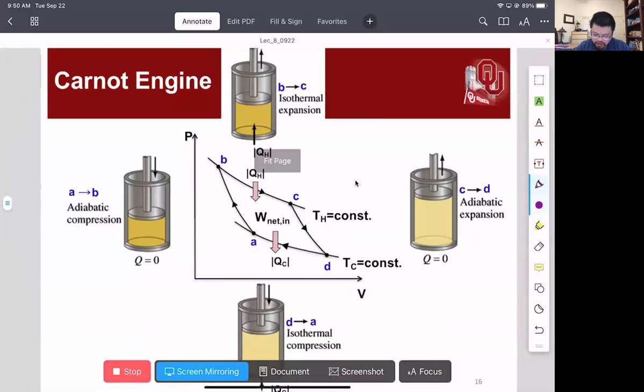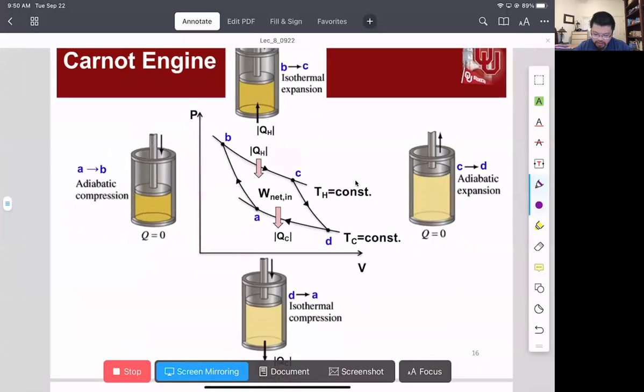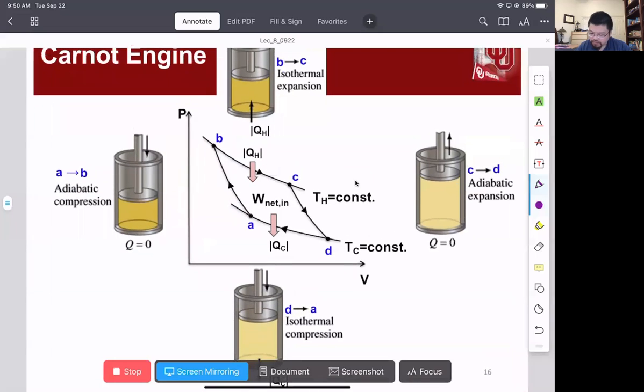So here is the general diagram of the Carnot engine. Let's pay some attention to this diagram. Number 1, we have the PV diagram. If we look at the PV diagram, then the area under the curve is the work, because work is calculated by PdV. So that is quite convenient. Number 2, let's pay attention to the direction of the flow.